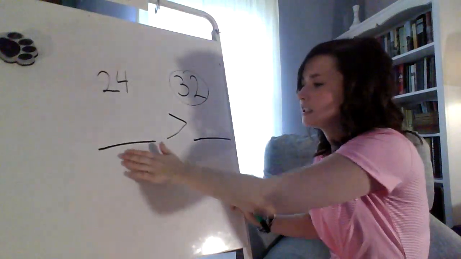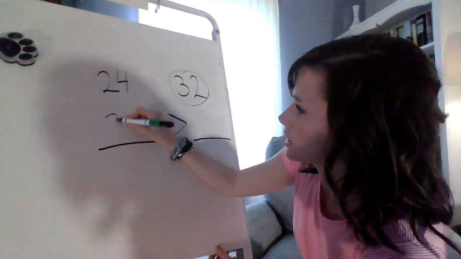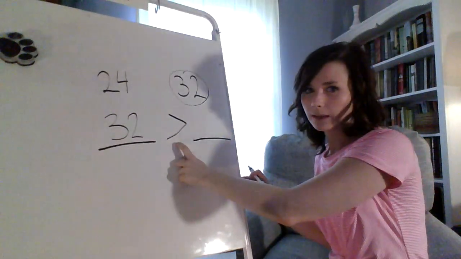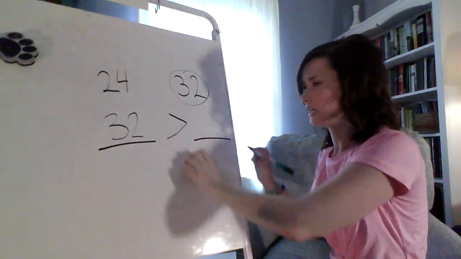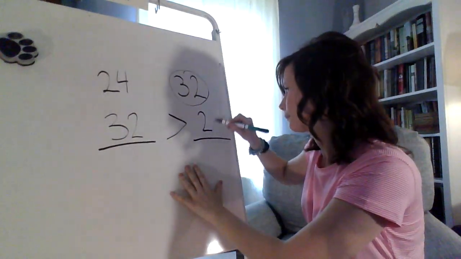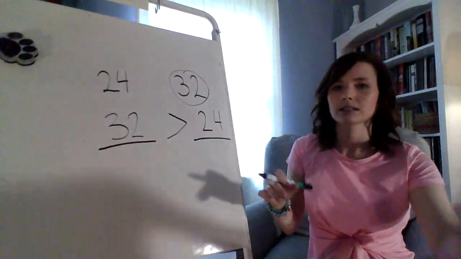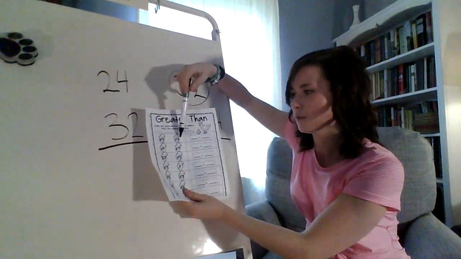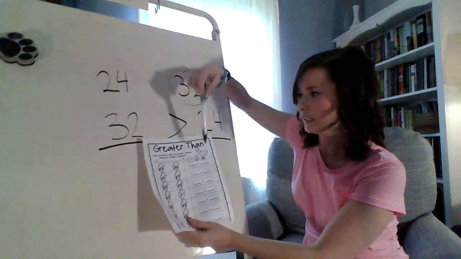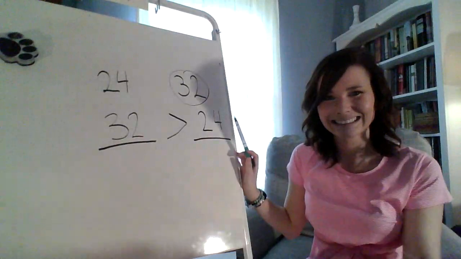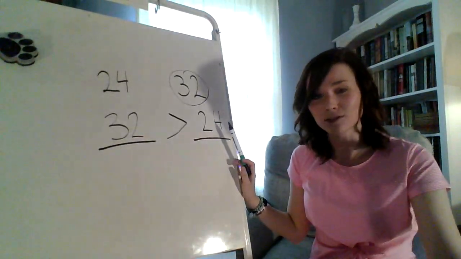All right, so to fill in your blanks, you would write 32. Then you have our Chompy, which shows greater than 24. And yours goes side to side. It's a little different. I didn't really have enough room, but you would fill it in 32 greater than 24. Nice job. Let's do another one together.